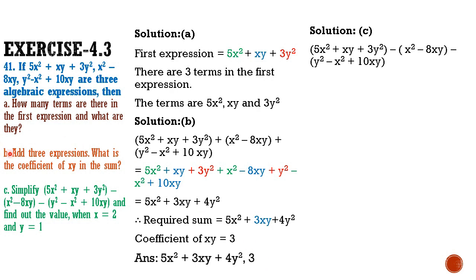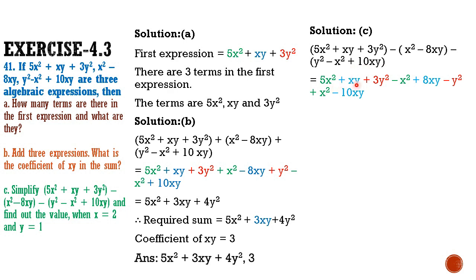We have to simplify this expression: 5x square plus xy plus 3y square minus x square minus 8xy minus y square minus x square plus 10xy. At first we will write down without brackets.